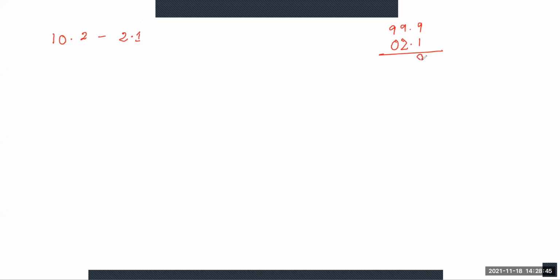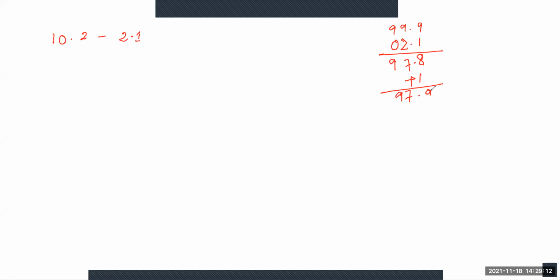So it is 8 and this is 7 and this is 9. So this is the nines complement, that is 97.8. From this, how do we get the tens complement? We just add 1 here. So this is 97.9. This is the tens complement.